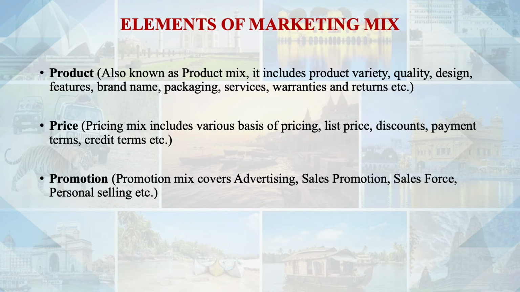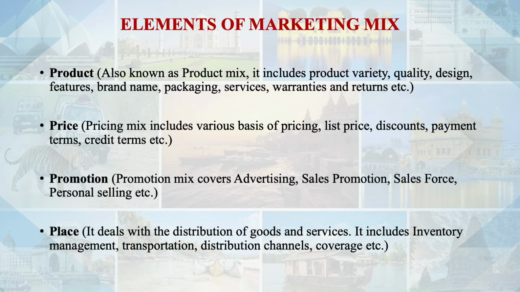In promotion we discuss changing the advertising policy, sales promotion, the sales force, personal selling, etc. The element place typically deals with the distribution of goods or services. In place we can alter inventory management, transportation, distribution channels and coverage, etc. So let us discuss in detail the first thing, that is the product mix.